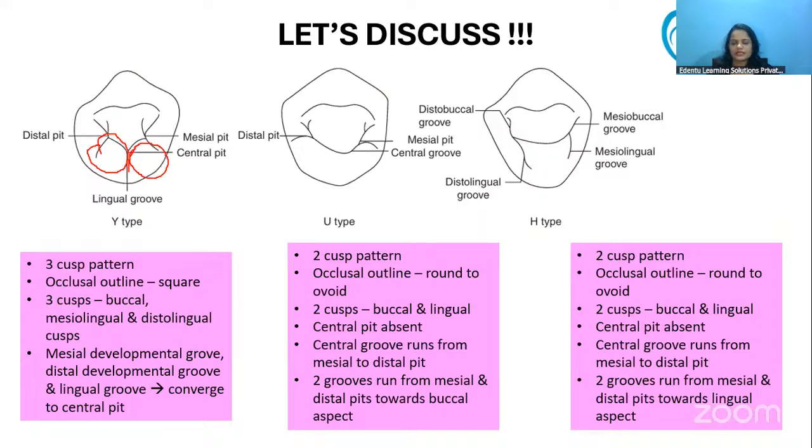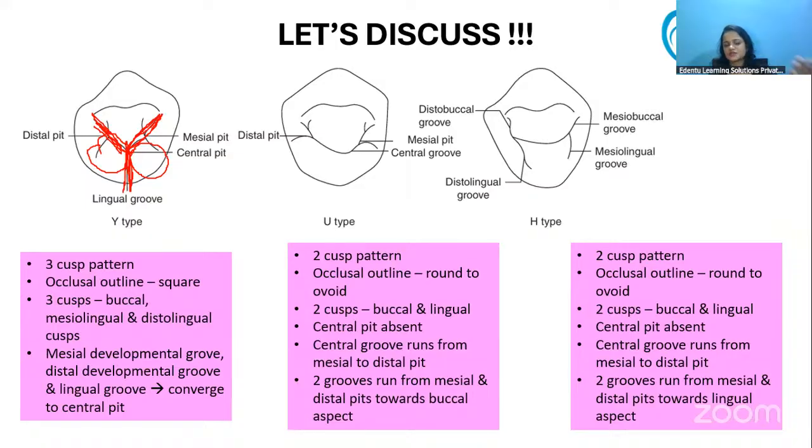Okay. So when this three cusp pattern is seen, it usually produces a Y-shaped groove like this. So this is the Y-shaped groove pattern that is seen in three cusped second premolar. This three cusp pattern is actually a variation. It is not normally seen in second premolars.